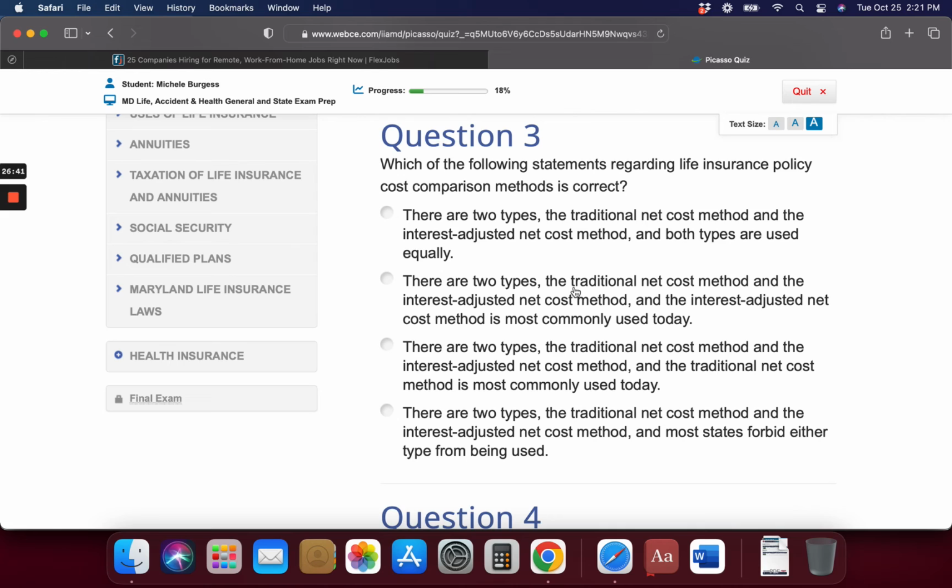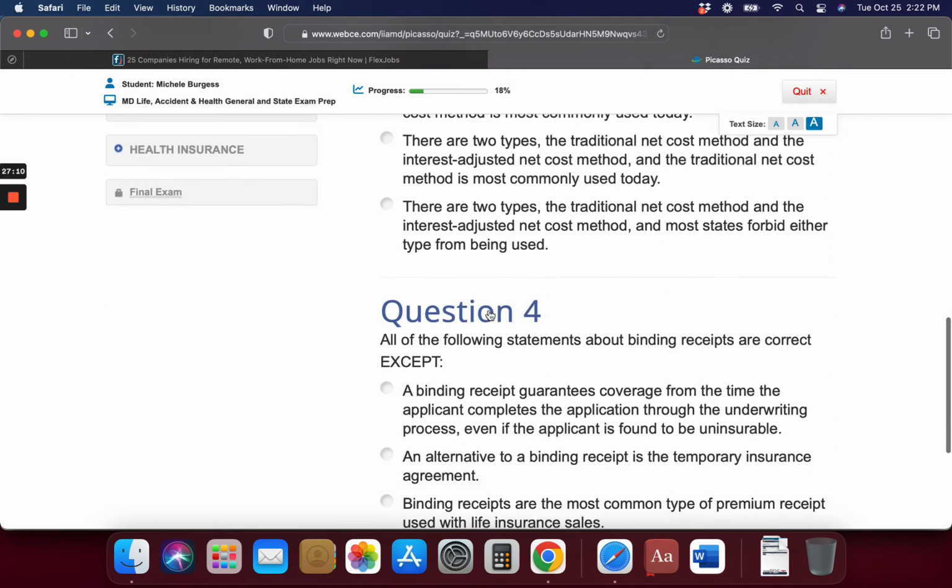All right, there are 2 types: traditional net and interest. So which one is the most commonly used? I don't remember. I'm going to pick this one.